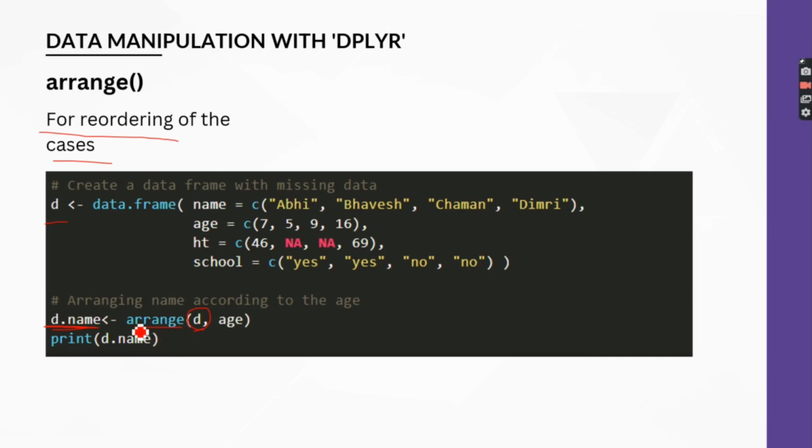So first of all, we are saving the arrange in d.name. We are telling it that we need this d data frame to work with, and we are asking it to arrange in terms of age. We are not providing any other extra information, so it will order it in terms of age.